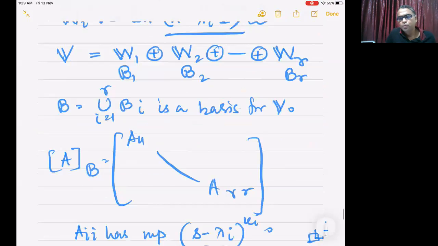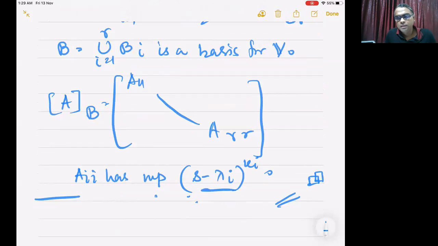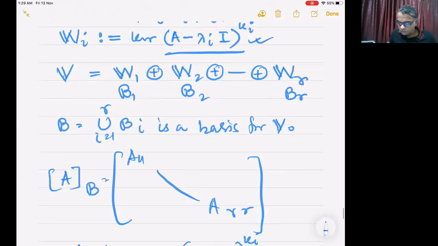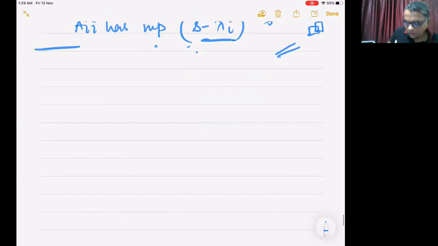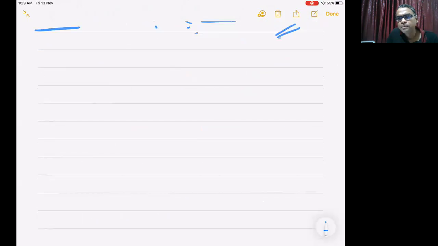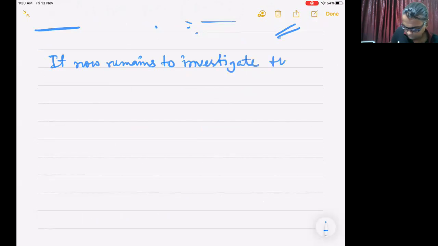Now the next step that we're going to see, that would be in the third and final module of this lecture, is that, because I can now have decomposed the whole operator into these block matrices where each block has its minimal polynomial given by (s minus lambda i) to the power ki. This means, if I want to go even further than this, I need to analyze this situation. So it now remains to investigate the following situation.